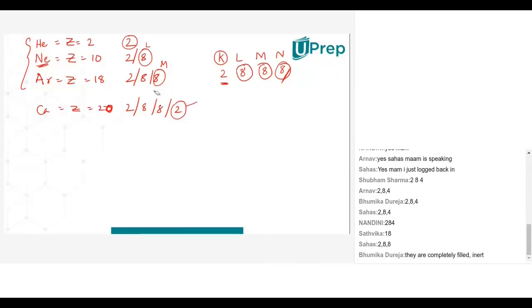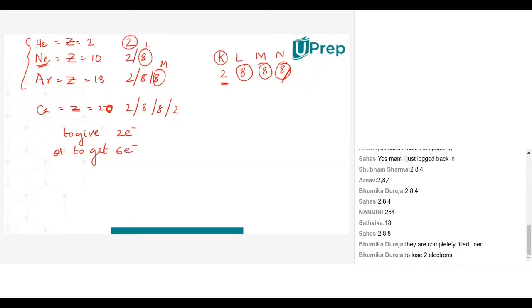Very good. So which one is easier for me to do? Is it easier to give 2 electrons, or is it easier to get 6? To give 2 electrons. It is easier to give 2 electrons since there will be less energy consumption.